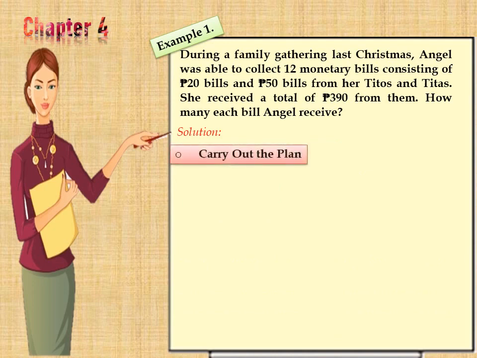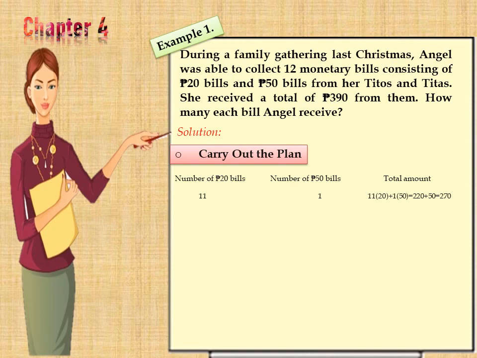For the next step, we'll carry out the plan. So in carrying out the plan, let's make a table. We have the number of 20 peso bills, the number of 50 peso bills, and also the total amount. So suppose there are 11 20 peso bills and 1 50 peso bill.